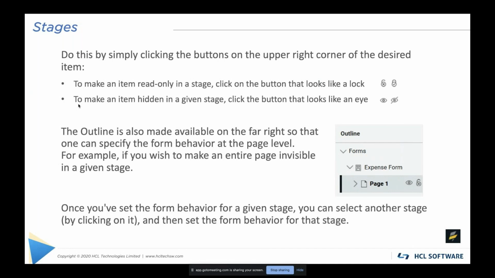And then when it gets rejected and sent back, I can make it visible and locked down. And so you have control over the individual elements as to whether or not you want to show or hide, which is indicated again by this eye or the slash through the eye, and whether or not it's editable, which means it's unlocked or locked. And that can be at a page level as well, or at an individual line item.